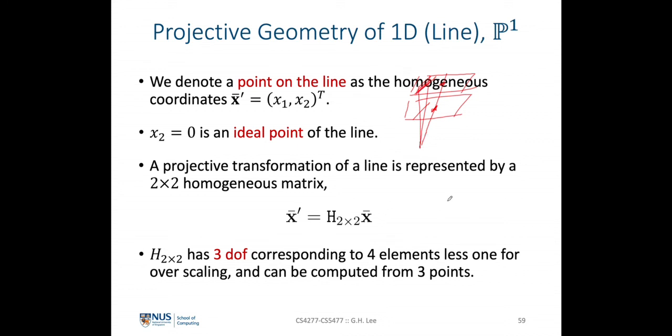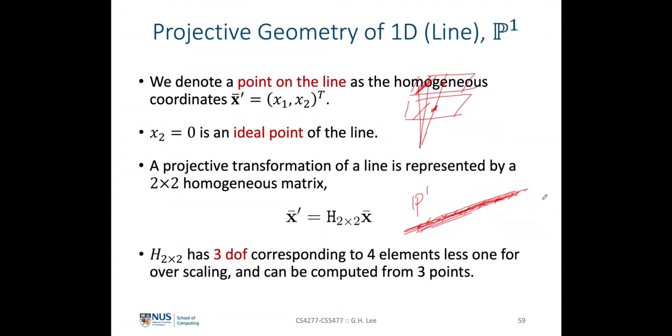So what this means is that in the 1D space, we can also think of it this way, that all the points are actually living on a line, because in the 2D space, we're looking at the intersections of the geometric entity with a plane, all the entities living on a plane. So in the projective 1 space, we will be looking at all the entities living on a line. And in this case, it would only be possible for points to live on this particular line, and also the line itself.